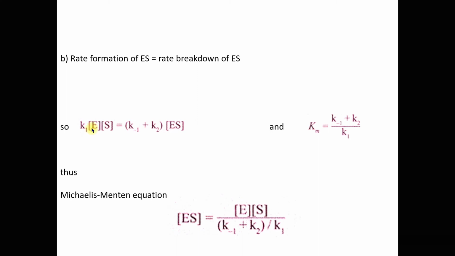So K1 times enzyme concentration times substrate concentration equals K negative 1 plus K2 times enzyme substrate complex concentration. Alright, so daripada sini, kita akan dapat equation yang ini. How it's derived is not in your syllabus, tidak perlu terangkan macam mana. Kamu hanya perlu memorize yang ini.